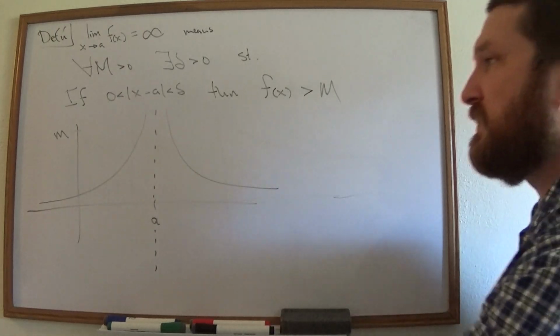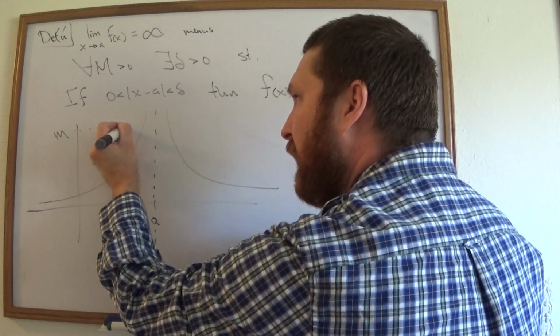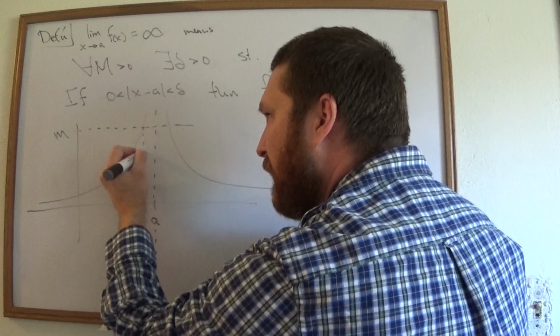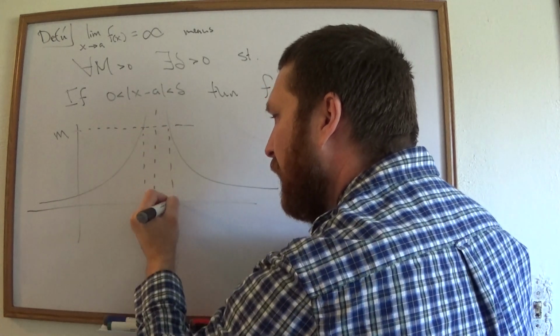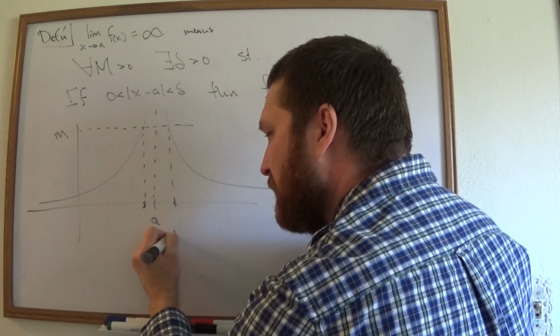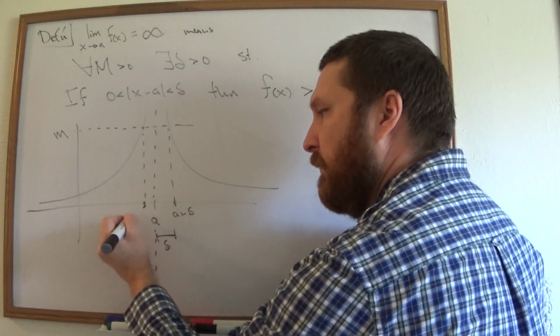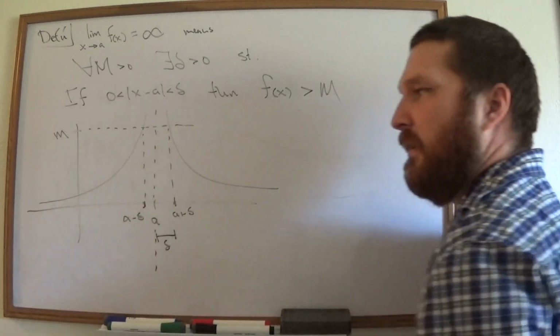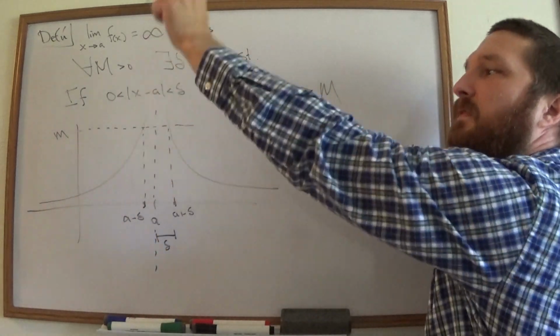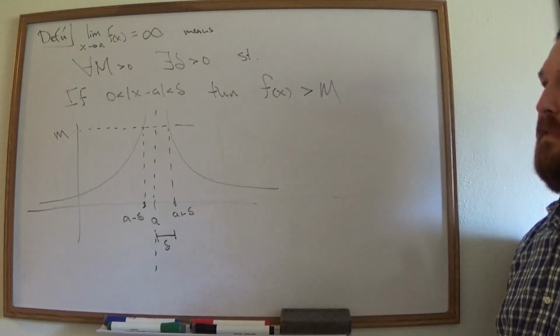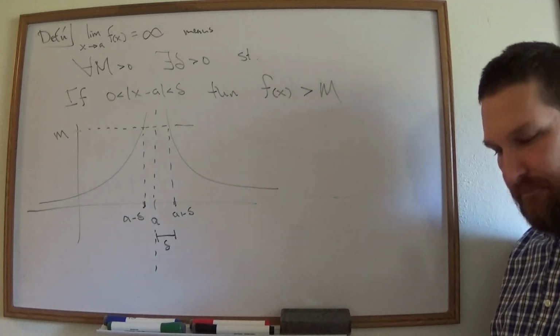Then I can find a delta, there's my delta right there, so that whenever you're between there and there, the function itself is bigger than m. That's what that means.